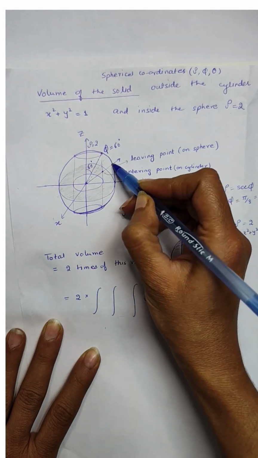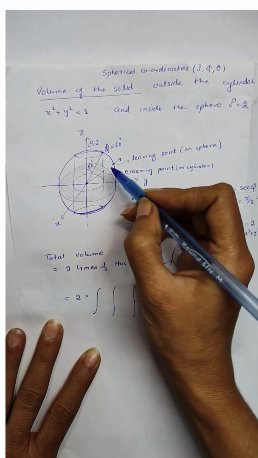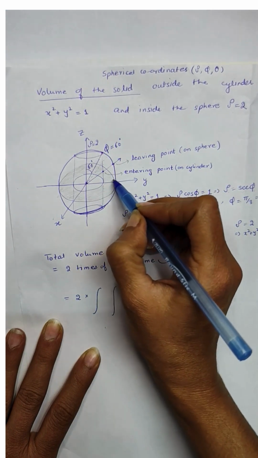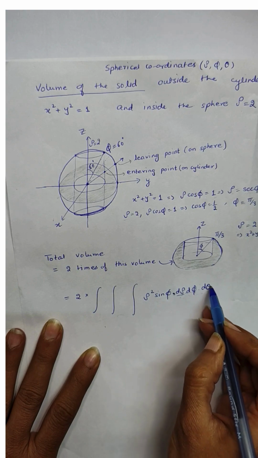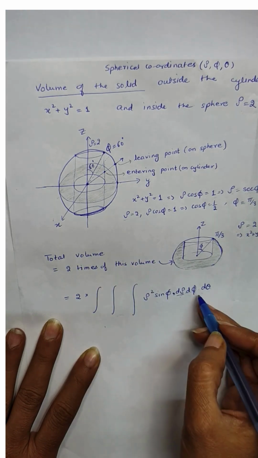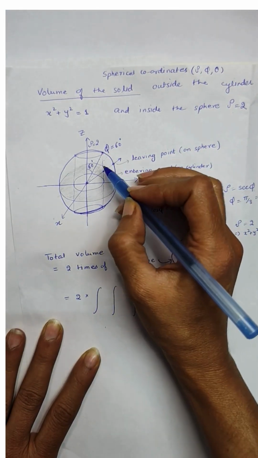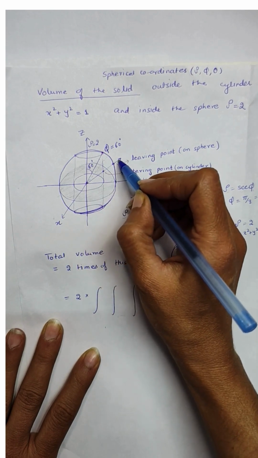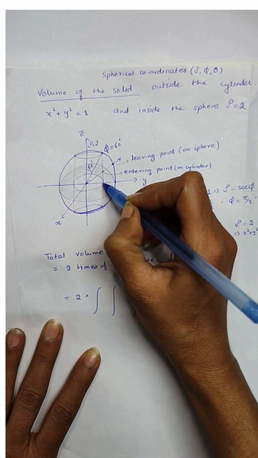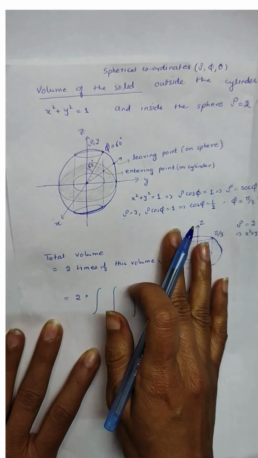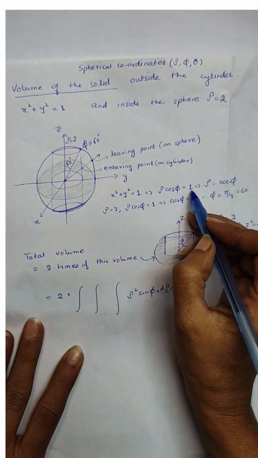Now we draw this ray starting from the origin and see its entry point into the solid region and its leaving point. For all the rays lying on this fixed plane for theta and the fixed cone, the entry point of the ray inside the solid is this surface, the cylinder, whose equation is rho cos phi equals 1.